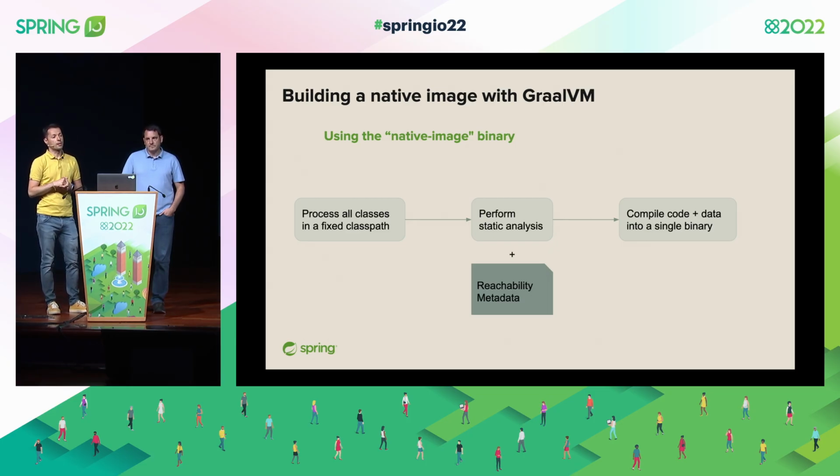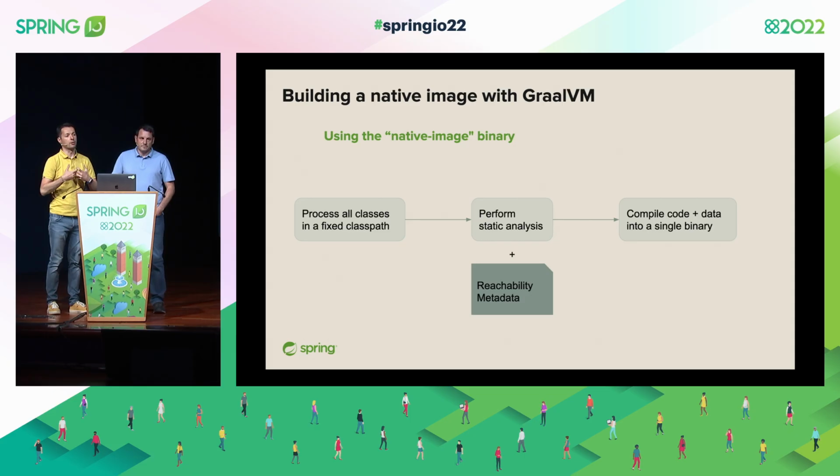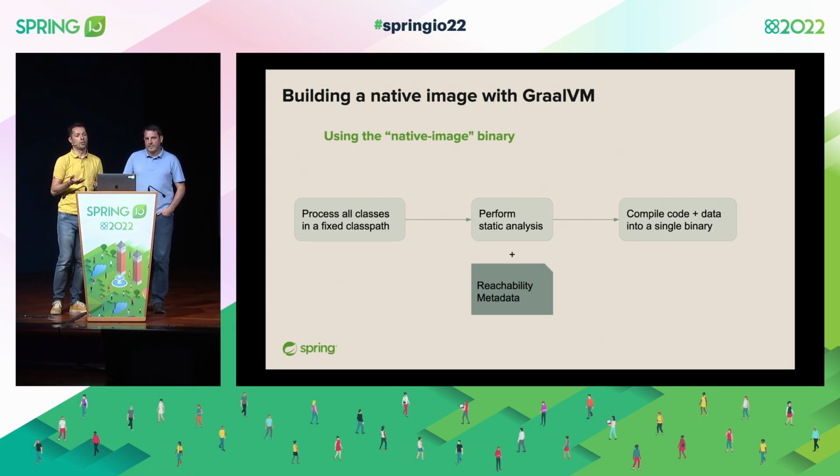And for cases where static analysis cannot decide if the code will be picked up or not at runtime, depending on external conditions, you'll need to help it by adding reachability metadata, basically telling the analysis engine that this class will use reflection at runtime, or that it will need some resource on the class path at runtime, for cases where the engine cannot know.